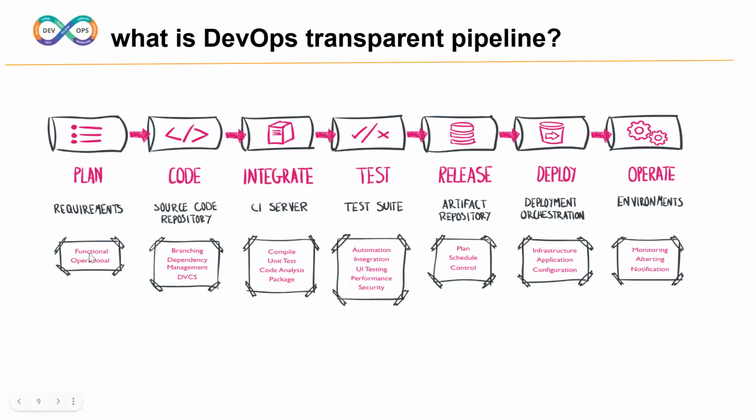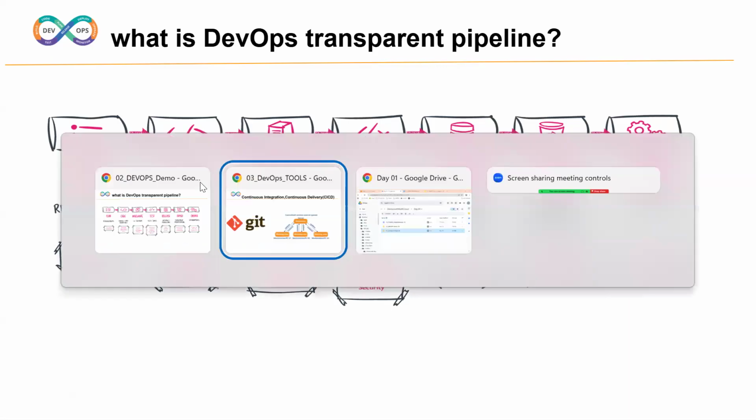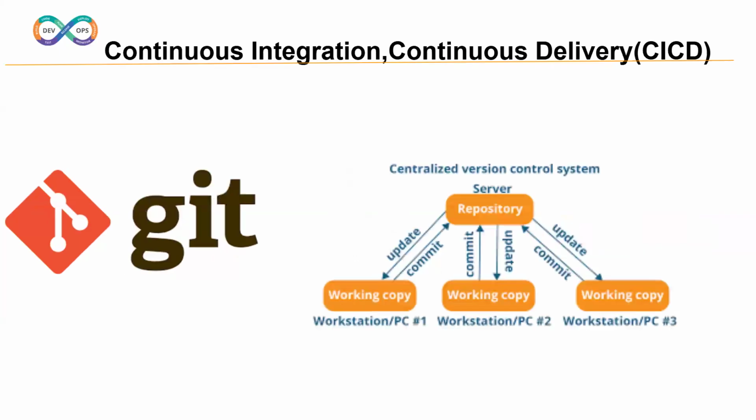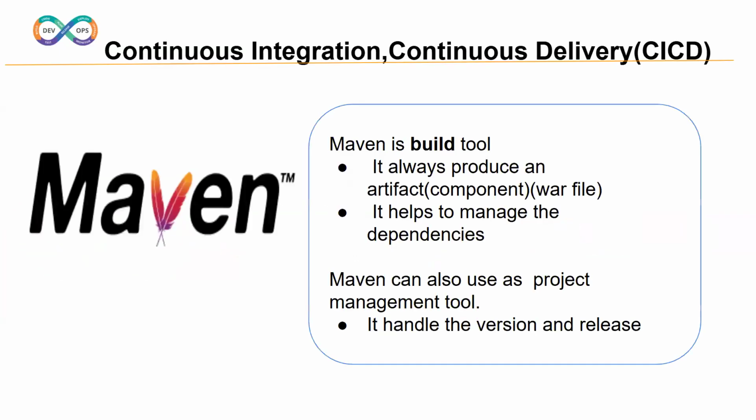Whatever lines of code are written by the developer, we maintain in Git, repository-wise. Once maintained, those lines of code are executed with the help of Maven, a build tool. It always produces an artifactory, helps to manage dependencies, and it is not only a project management tool, it will handle the versions also.